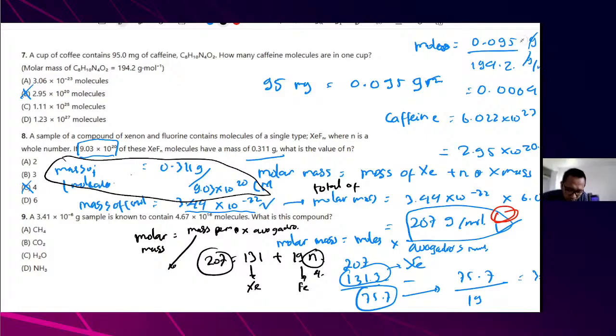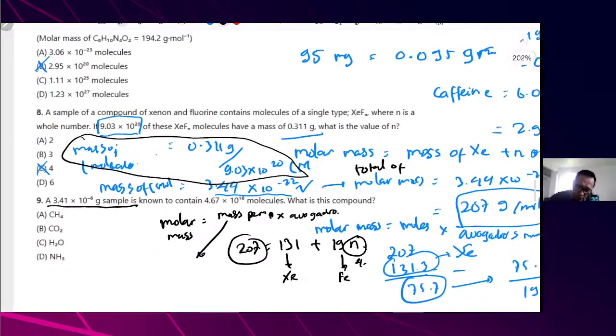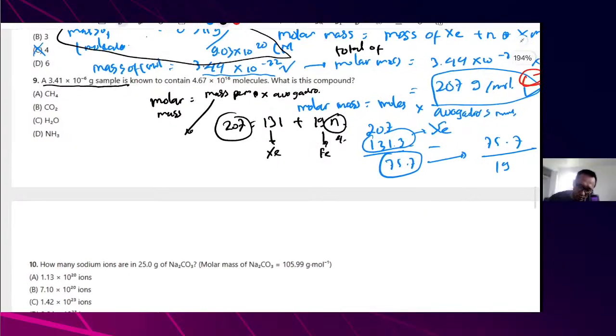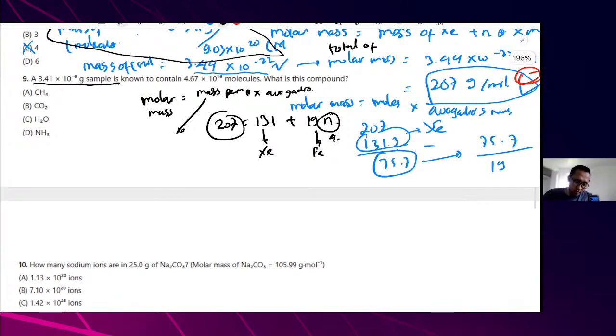And then again, number 9. We have this one: a sample is known to contain... what is the compound? The key concept is still the same. This is known to contain 460 grams.